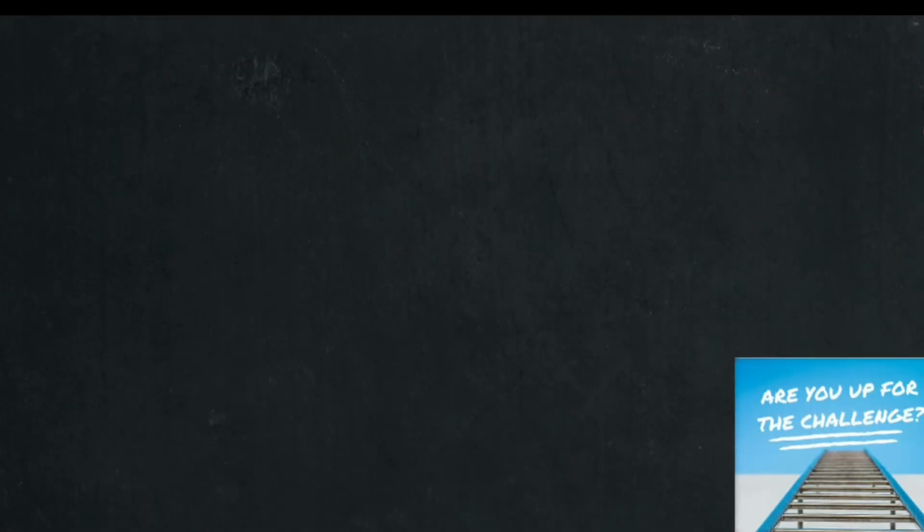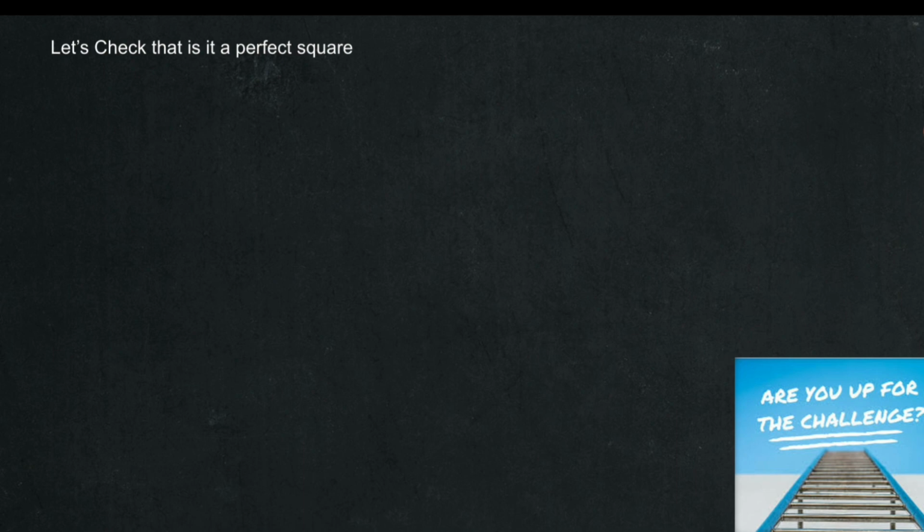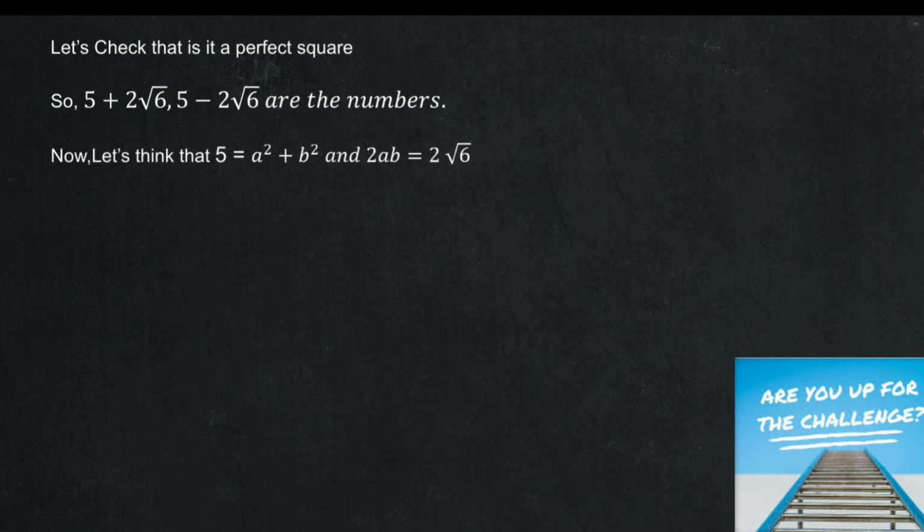Alright, then let's check whether it is a perfect square. We know the numbers on the screen, and 5 is common in both, while for 2 root 6 the signs are changed. So 5 equals a square plus b square and 2ab equals 2 root 6.